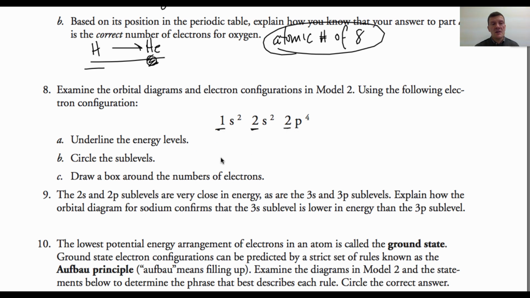It's right there. It's the big number. The sublevel is basically going to be the letter. The letter's telling you the s orbitals or the p orbitals. Those are all kind of at the same energy level, that's your sublevel. And a box around the number of electrons, that is your superscript. Okay?